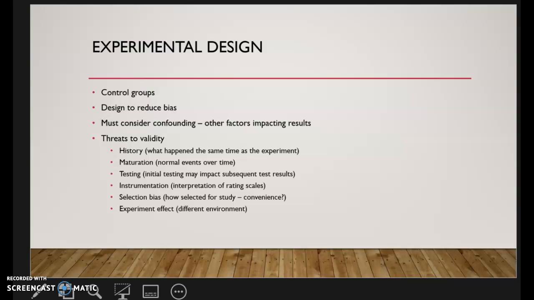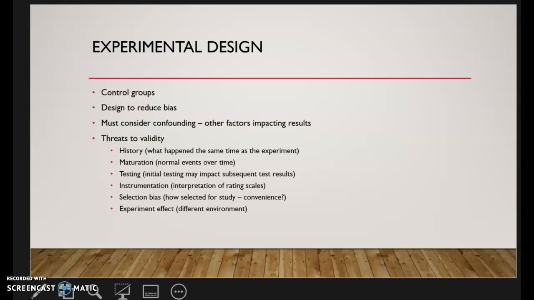So we must always look at research with a very critical eye and look at what may go wrong and try to prevent those issues from occurring. Another thing is some concerns as far as instrumentation.